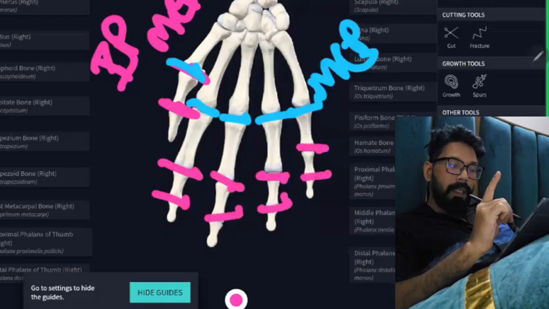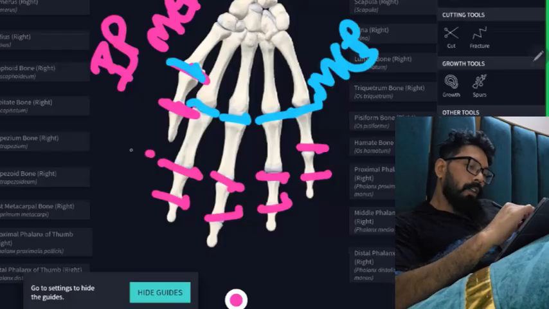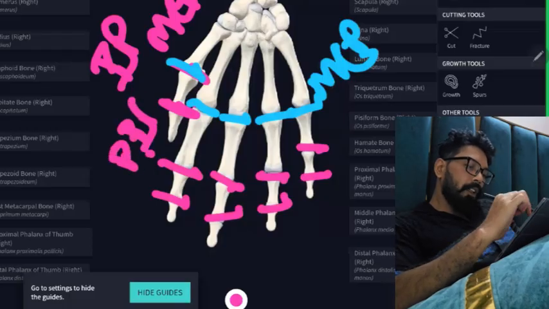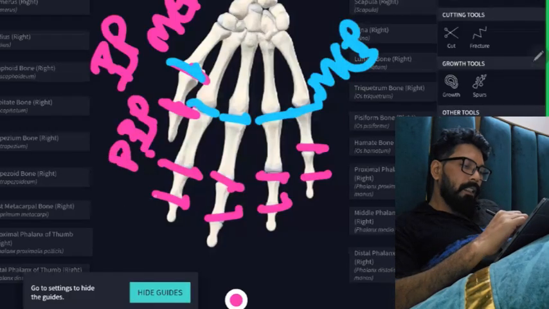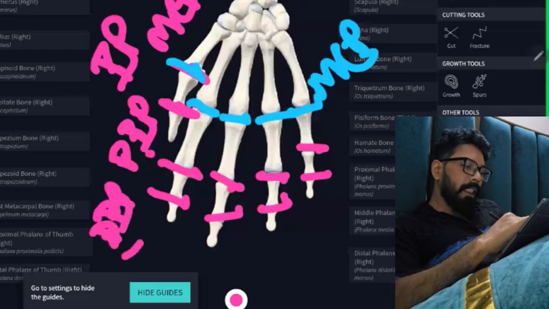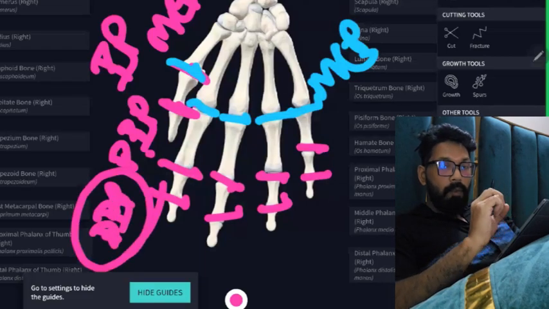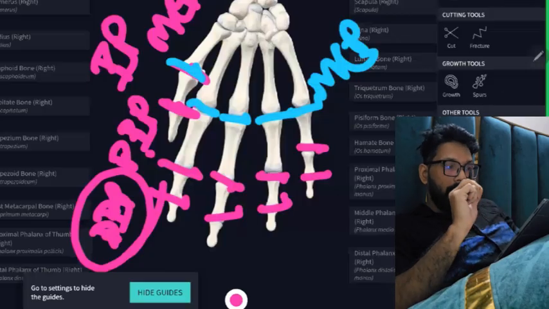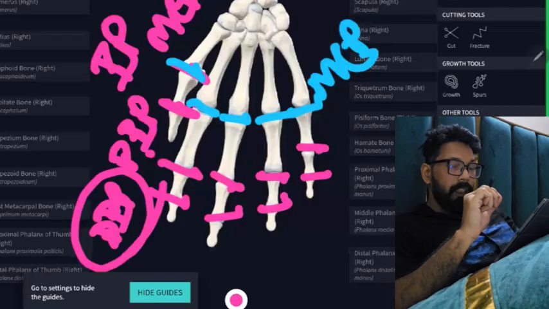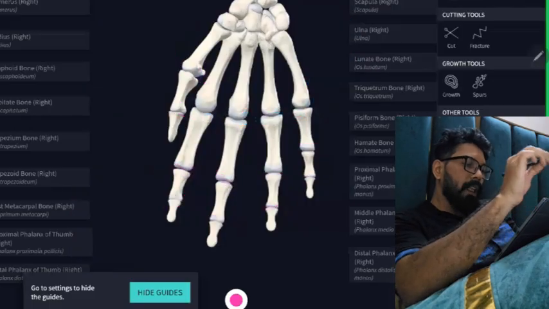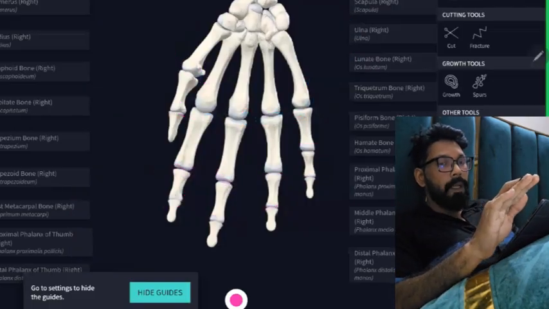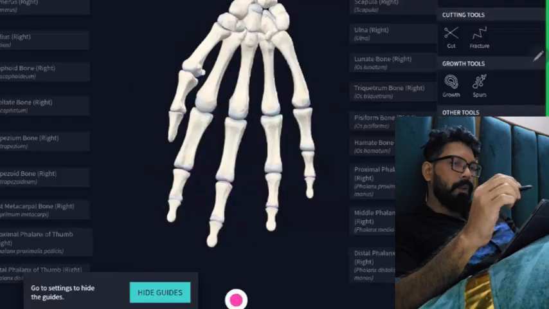We have two IP joints. This one is close, so we call it the proximal interphalangeal joint, or PIP. And this one is far, so we call it the distal interphalangeal joint, or DIP. Why is this important? Just after a few moments, you will know. I have filtered out all the unimportant things you will not need in your exam, so everything I say is very important.